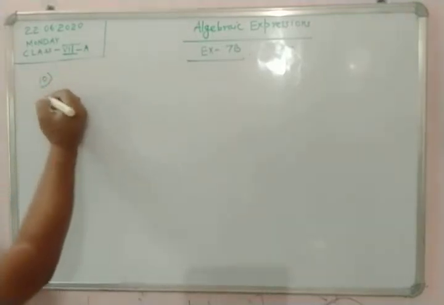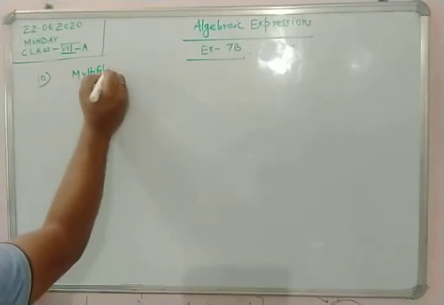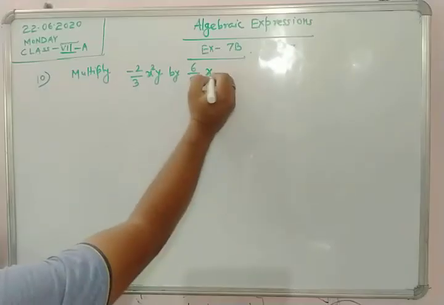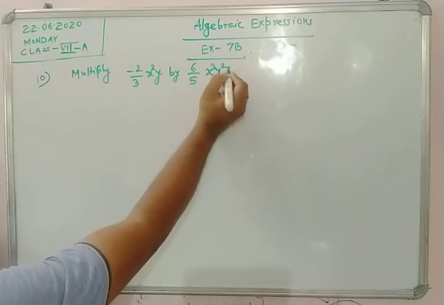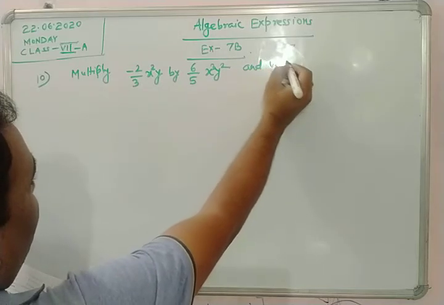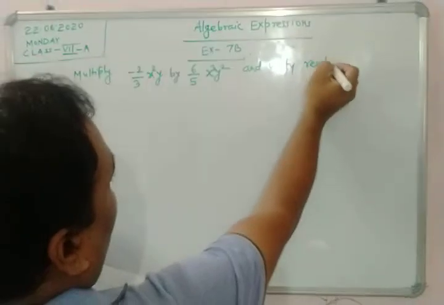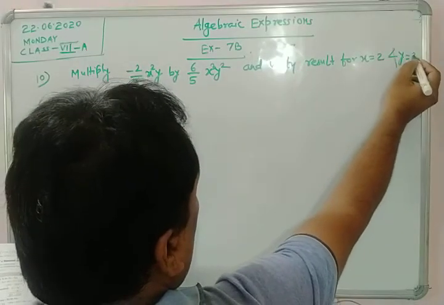Students, what is question number 10? Multiply minus 2 by 3 x square y by 6 by 5 x cube y square and verify the result for x equal to 2 and y equal to 3.